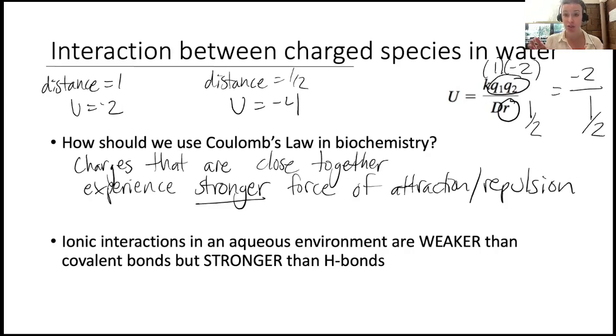How do we determine attraction or repulsion? Well, you already know the answer to this, right? If you've ever used a magnet, we know that opposites attract and similar charges repel. In the example I gave you, I had a +1 and a -2. Opposites should attract. What if I had a -1 and a -2? Well, similar charges repel, so we should understand that the attraction or repulsion has to do with opposite charge or the same charge.